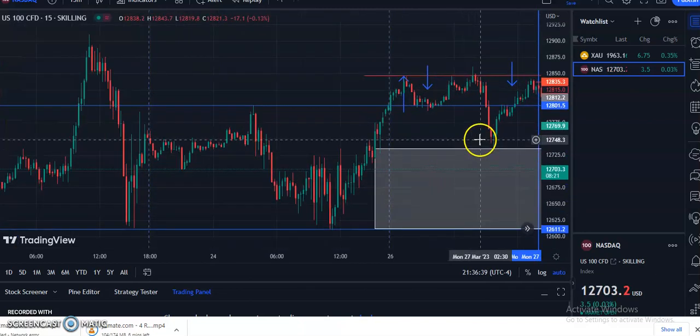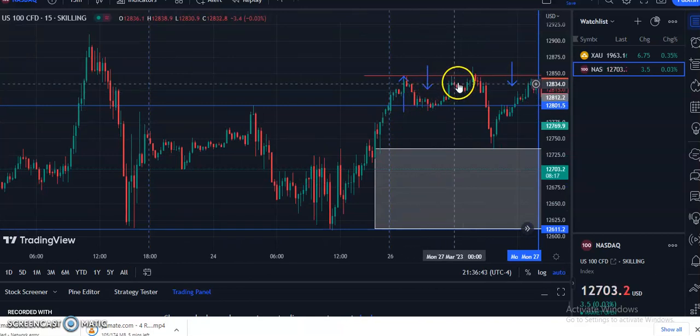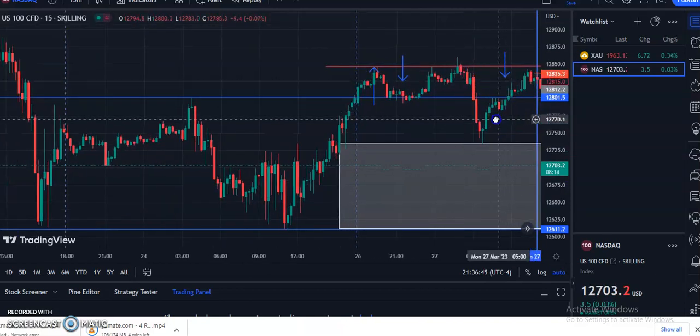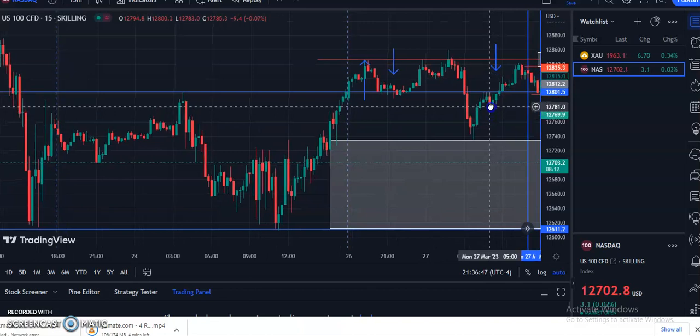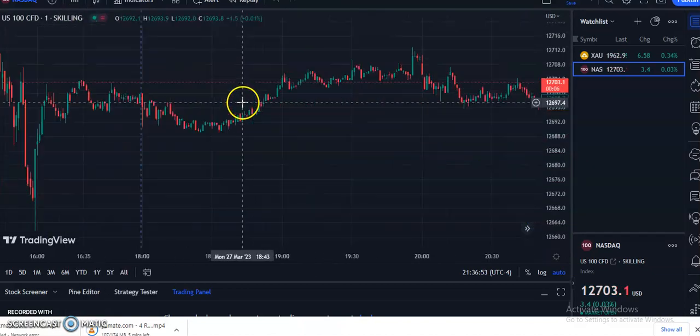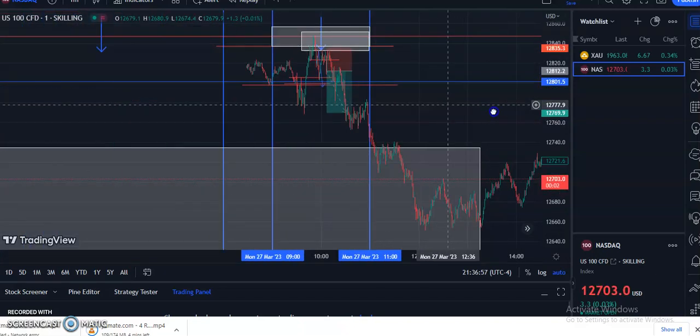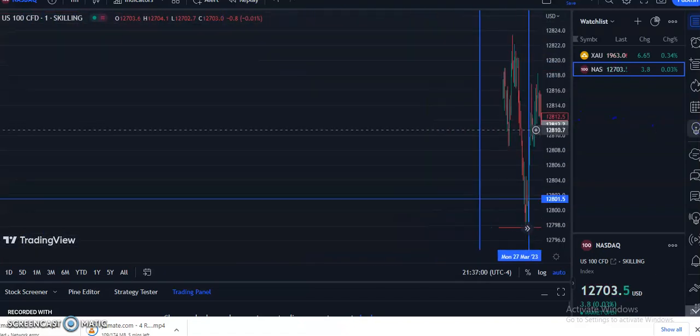So having our bias already set in place, the first hour is where everything in the New York session happens. So the first hour sets the high and the low of the session, as you can see.